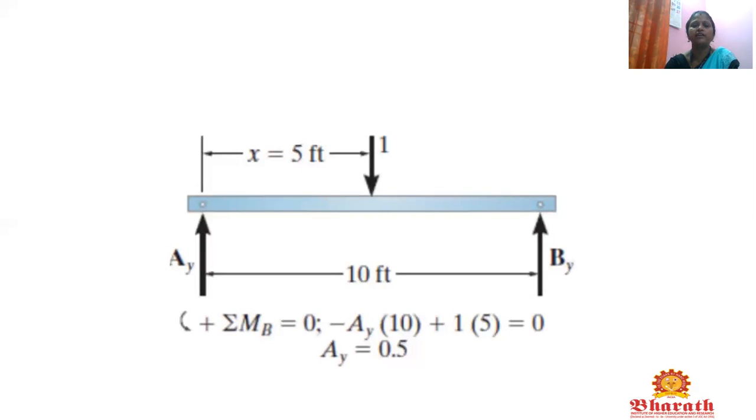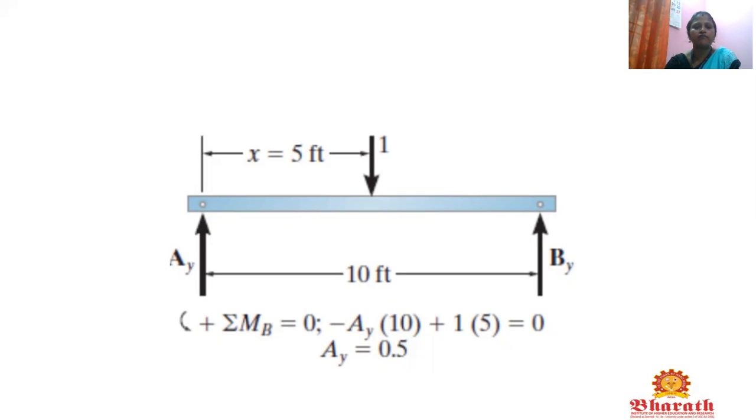Next we are going to find the reaction when the unit load is acting at a distance of 5 feet. What is the reaction at A? Summation of moment at B is equal to 0.